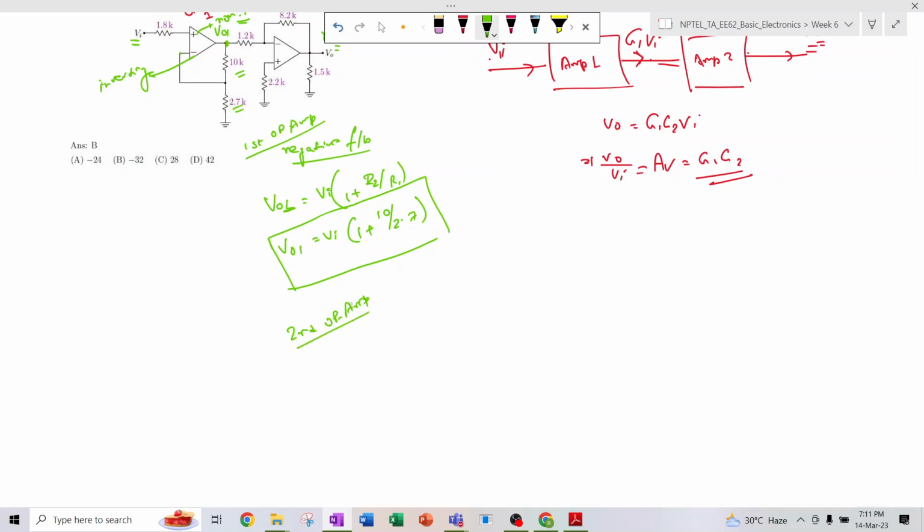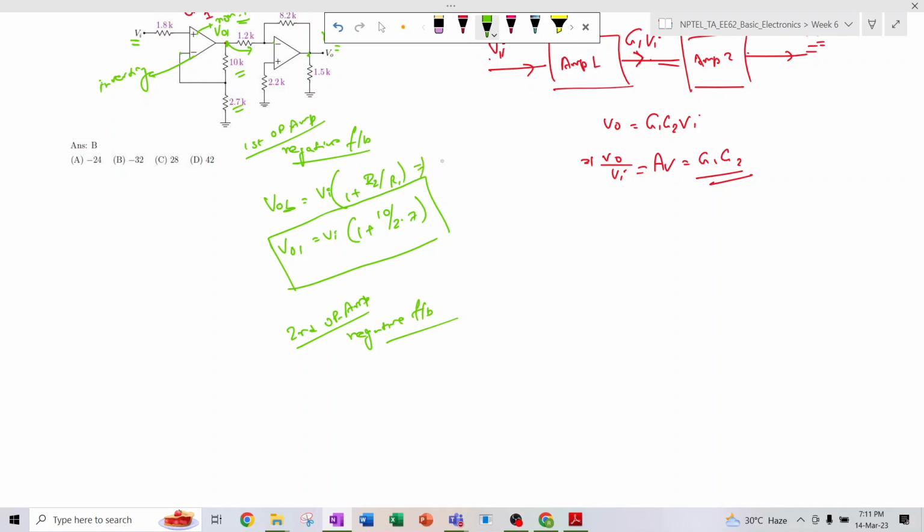In the second op amp, here also the feedback path is between the output and the inverting terminal of the op amp. That means it is a negative feedback, and the input signal, that is Vo1, is applied in the inverting terminal. That means it is inverting.